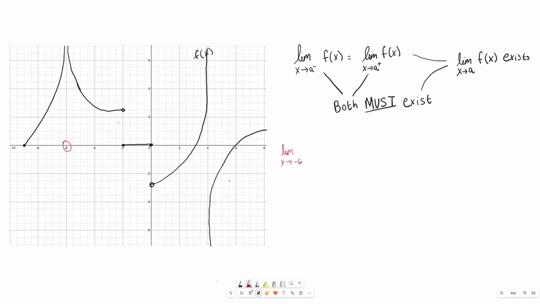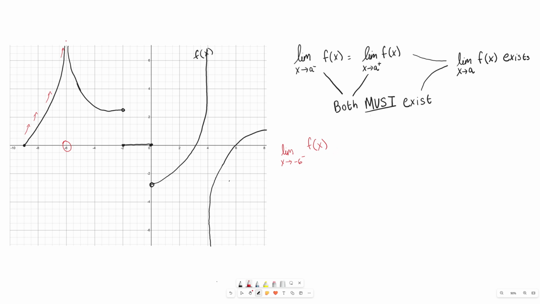When you're talking about from the left, which is like this, all the way to -6 over here, x equals -6. You're putting a minus sign, and then write f of x, and everything's the same.